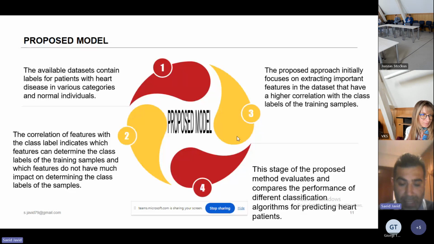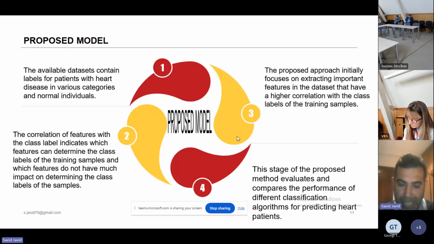The heart disease prediction dataset is used in this article, which is available in the UCI standard dataset repository. This dataset includes 4 sets of data from patients collected at hospitals in 4 different regions.